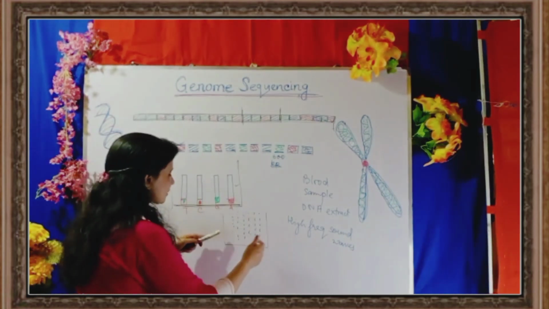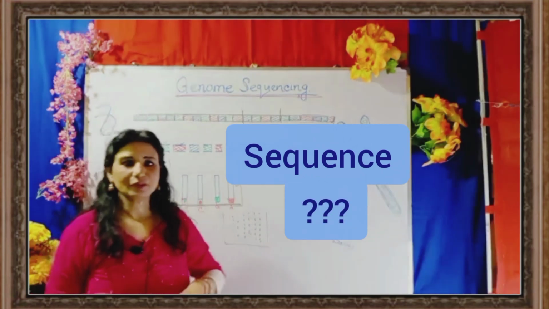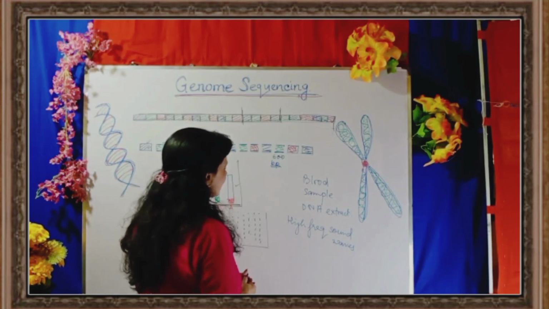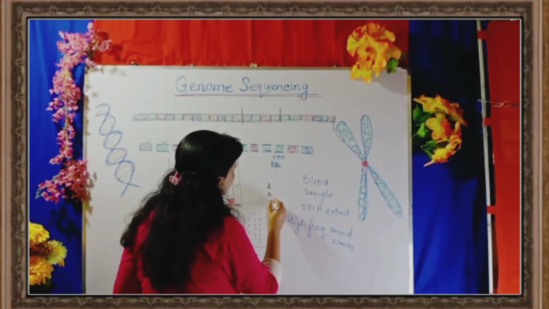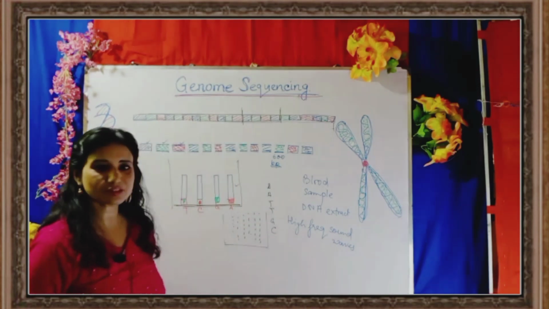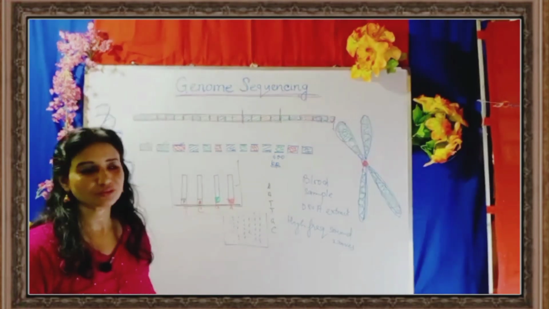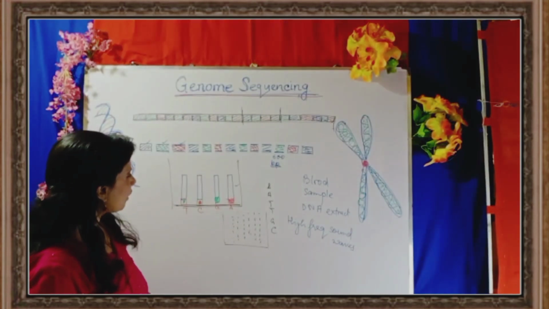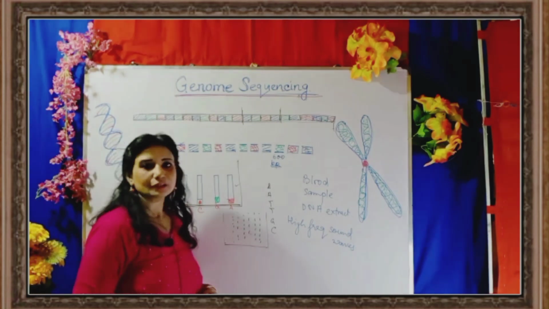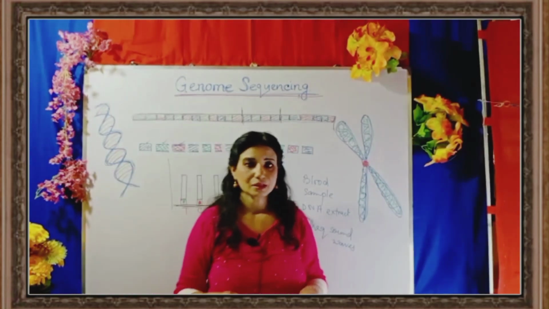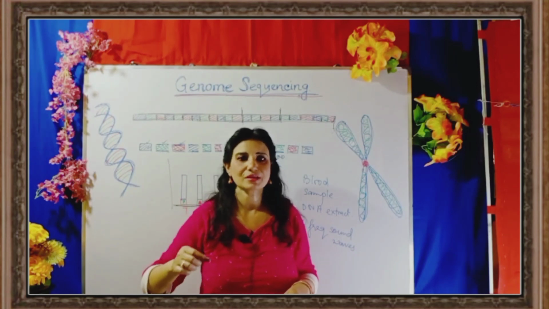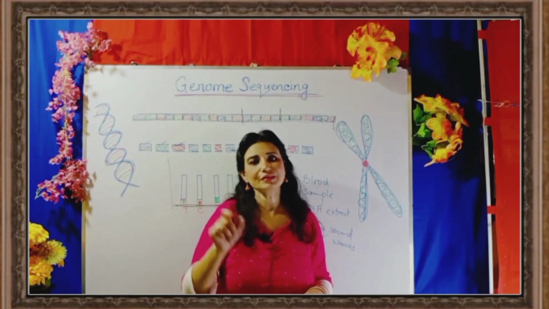But it was difficult to understand the sequence of their arrangement, whether it was AA, TT, GC. How to understand whether this was the sequence? This was difficult. So after making multiple copies of each segment of DNA, the sequencer had to identify each base at a time, and every base had a different color tag.